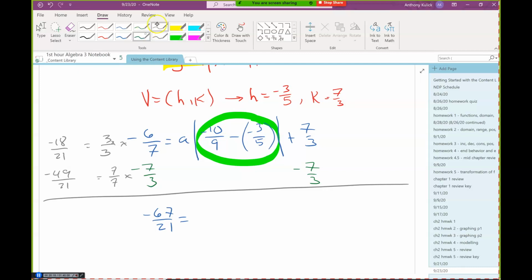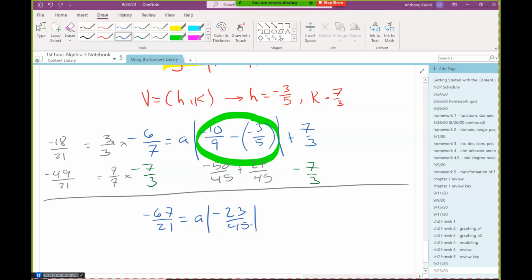So if I multiply the first one by 5/5, and I multiply the second one by 9/9, and then I add those two together, I'd have negative 23/45.